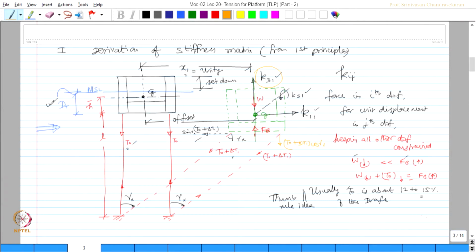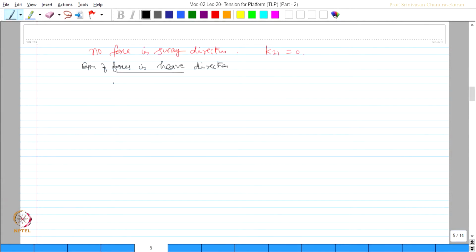So, now I want to write the equilibrium for this, which will be K31 into delta will be equal to T0 cos gamma x plus delta T1 cos gamma x. There are 4 such legs minus initial tension of 4, because I am looking only for the difference, right. Also from the geometry, cos gamma x is actually L by root of x1 square plus L square.